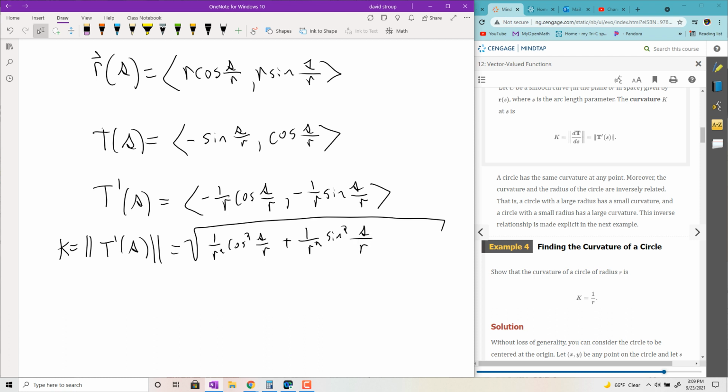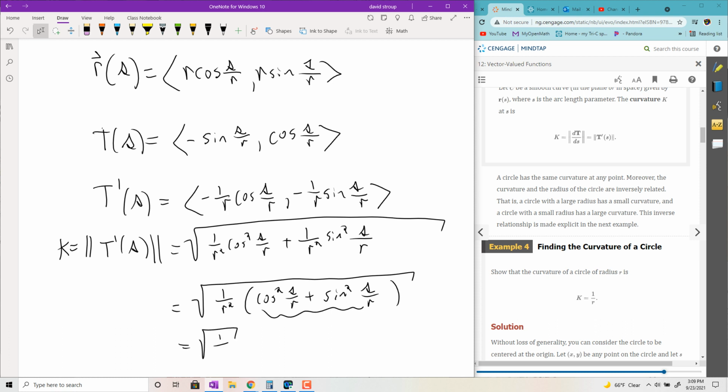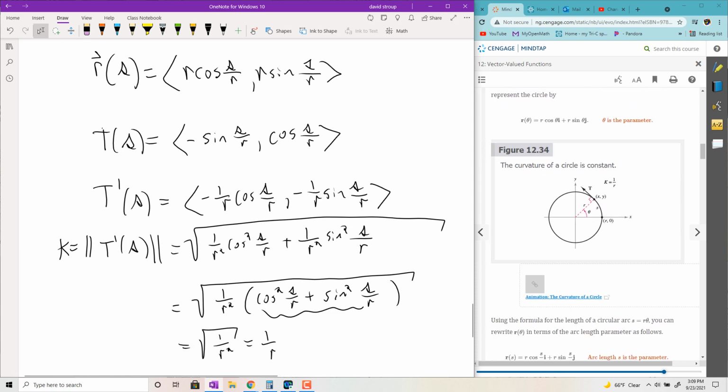Then you can factor out the 1 over r squared. And again, take advantage of the Pythagorean identities. So you have cosine squared s over r plus sine squared of s over r. This will be 1, so you just end up with the square root of 1 over r squared, which of course is just 1 over r. So that being the curvature of a circle.